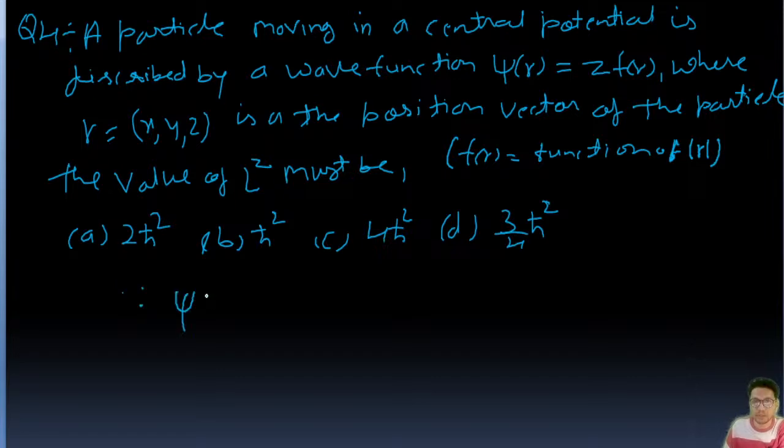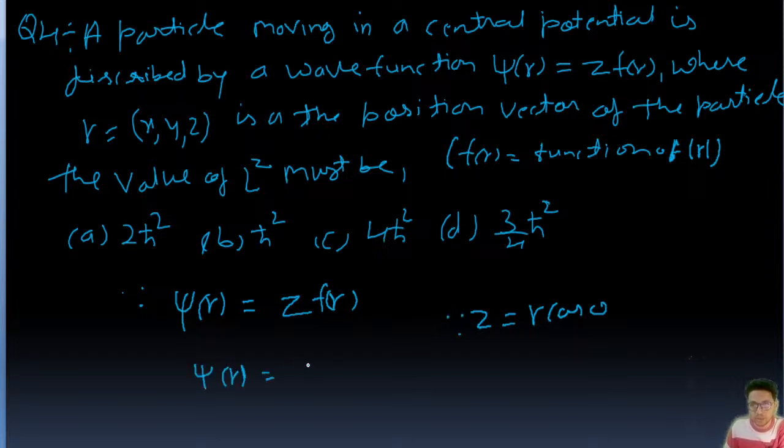Since psi r is given, that is Z f(r). So the central potential, the value of that is, we know, r cos theta, right? So psi r is going to be r cos theta into f(r).